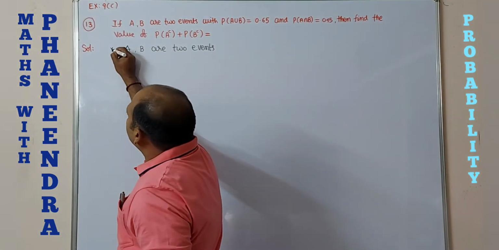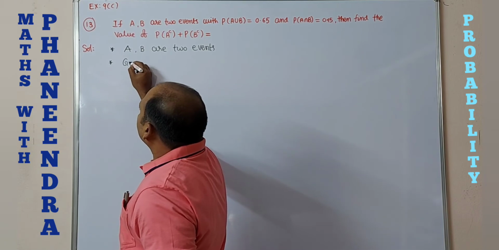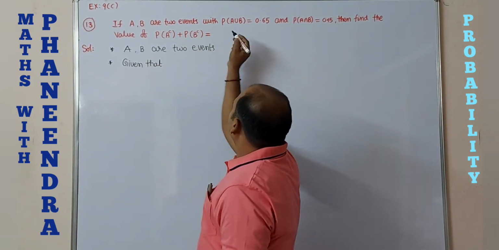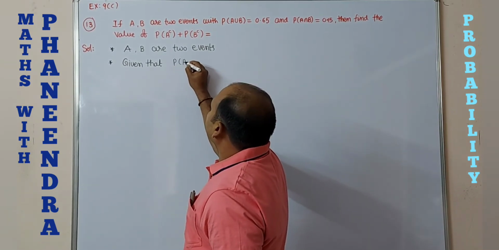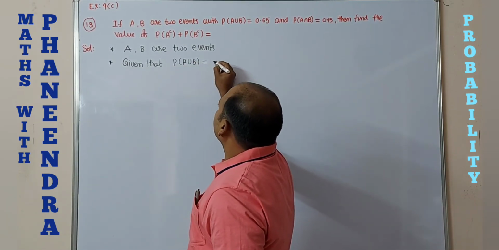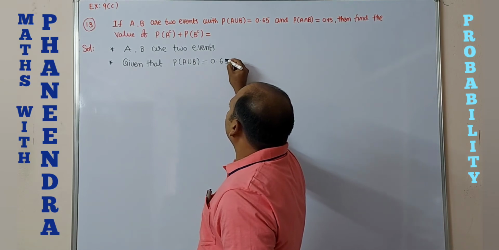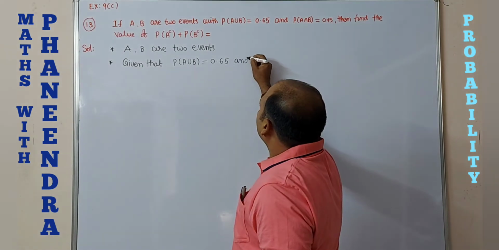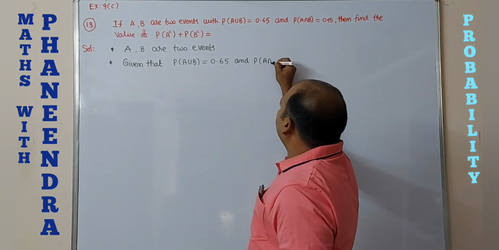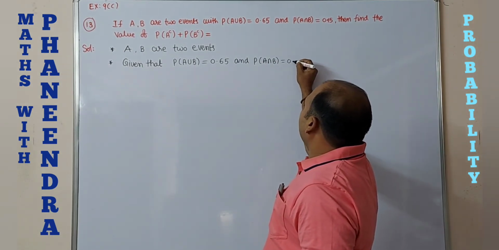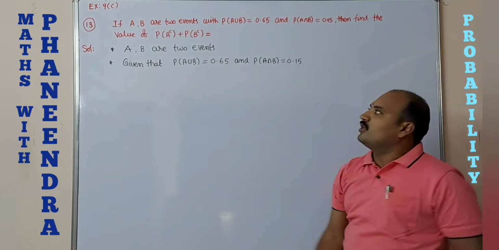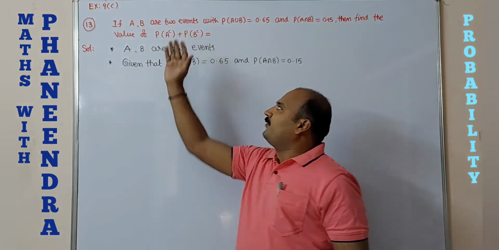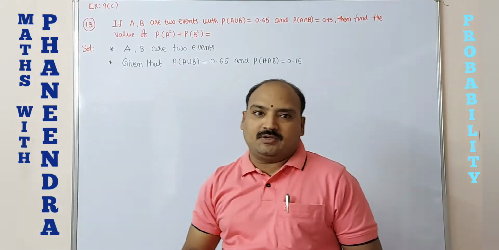Given that P of A union B is equal to 0.65 and P of A intersection B is also equal to 0.15. This information is there. They are asking to calculate P of A complement plus P of B complement.